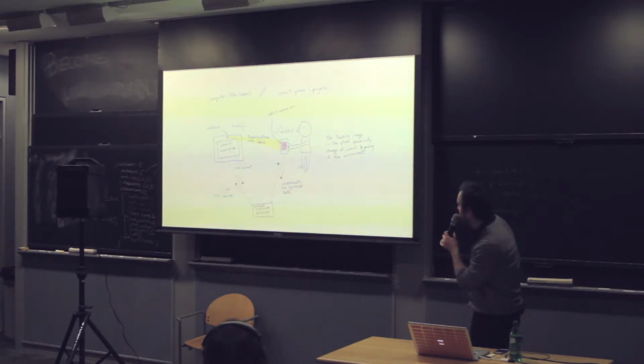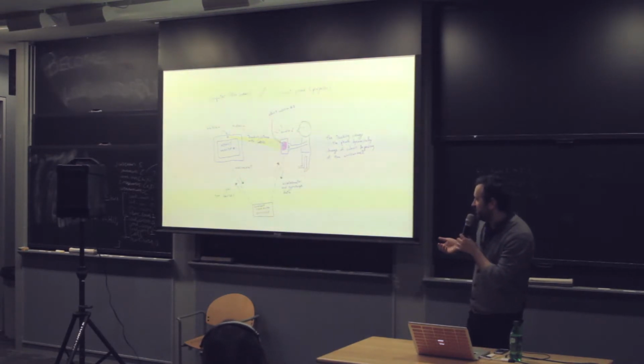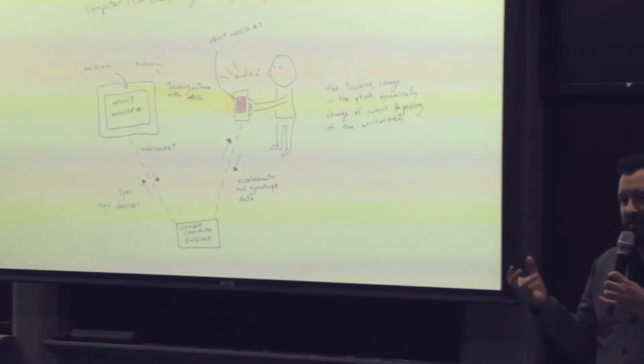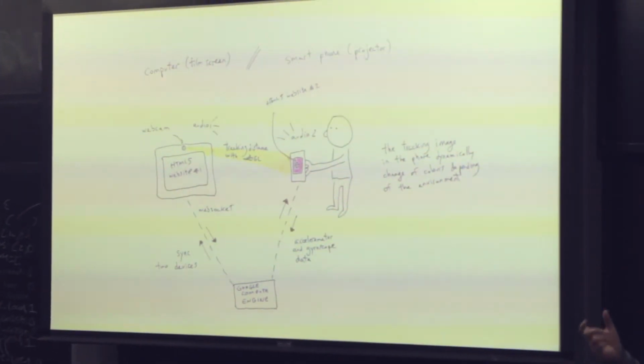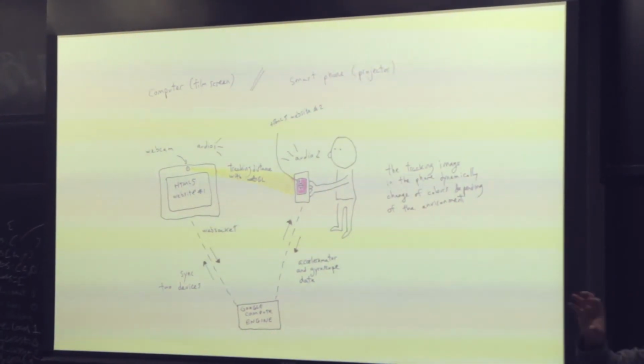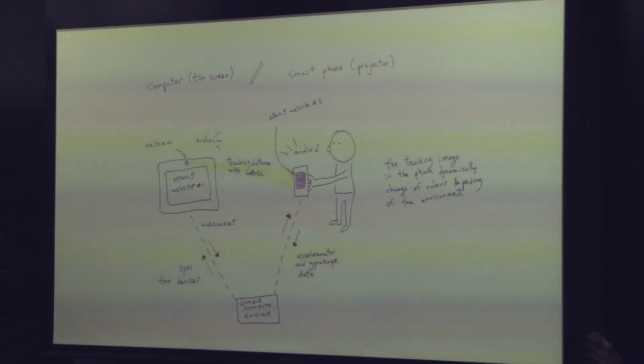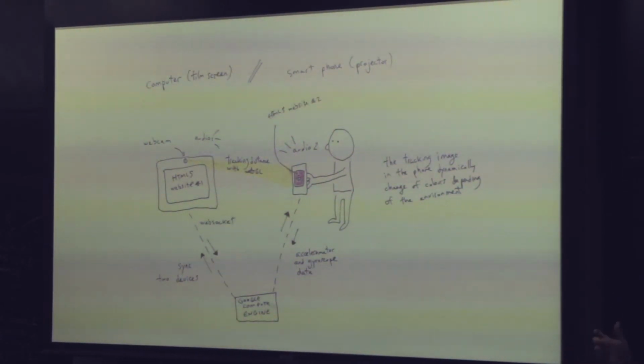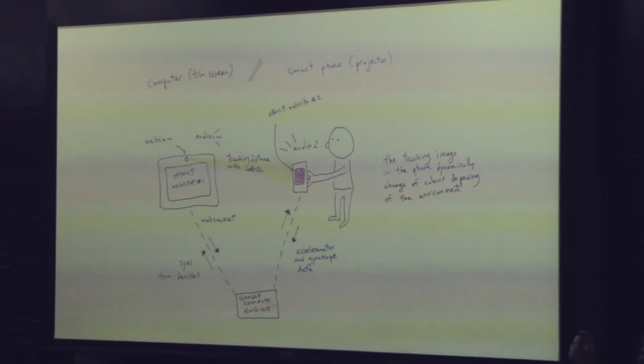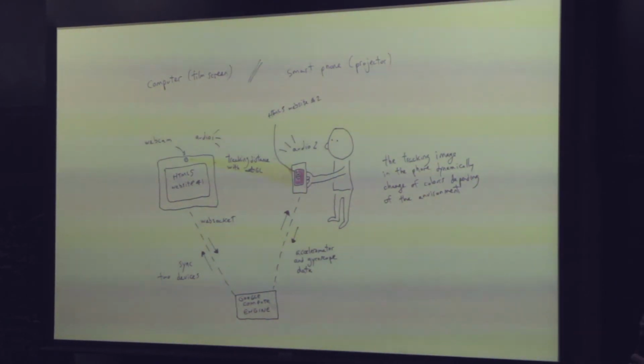So for people that are more tech, this is the setup. A webcam, it's close to what VR systems are at the moment. You have sensors that detect where you are in space, and you also have a gyroscope and accelerometer that are transmitted through network.